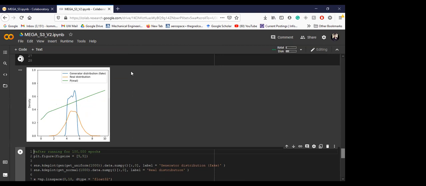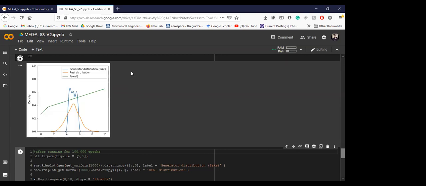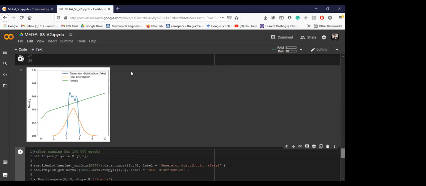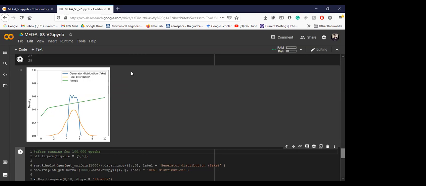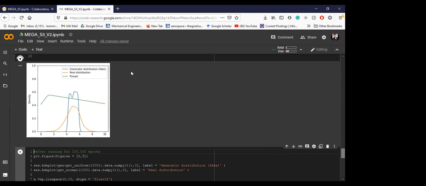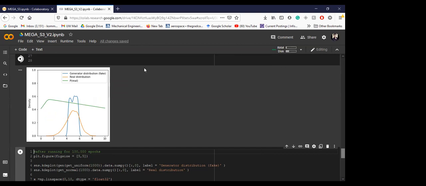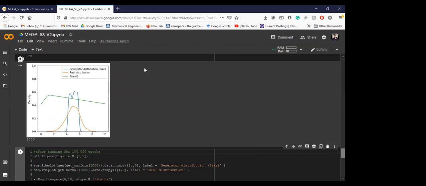If we try to understand the Nash equilibrium for this game, it would be that the generator would produce samples which are so good and so indistinguishable from the actual data that the discriminator would output probabilities of 0.5 for both the real data and the fake data. So the Nash equilibrium for the discriminator would be just 0.5.